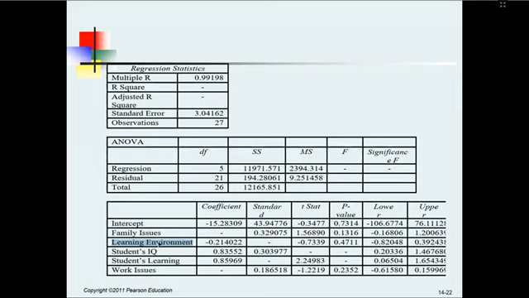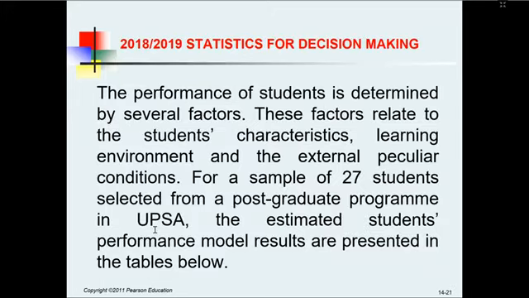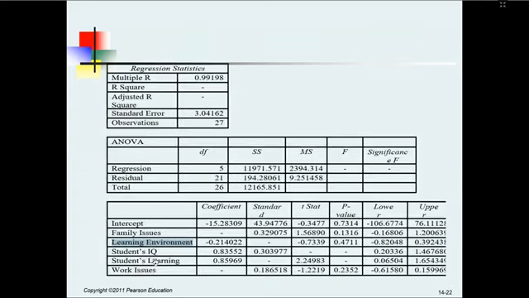So we'll see whether these 5 factors significantly affect the performance of students. So here the dependent variable is the performance of students, and the independent variables are 5: family issues, learning environment, students' IQ, student learning, and then the work issue. That's a lot.